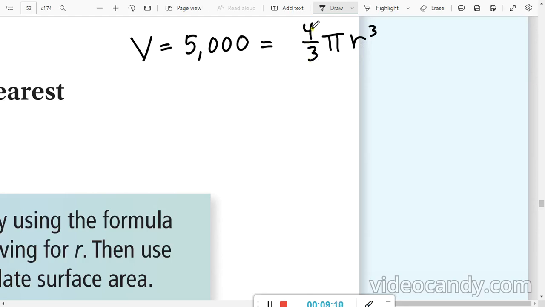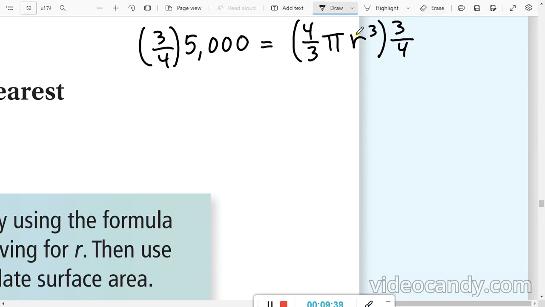So the first step is to multiply both sides by the reciprocal. So instead of 4/3, I am going to multiply both sides by 3/4. Okay, and I need to do that to both sides of the equation. So let me erase this v here and multiply this side by 3/4 as well.